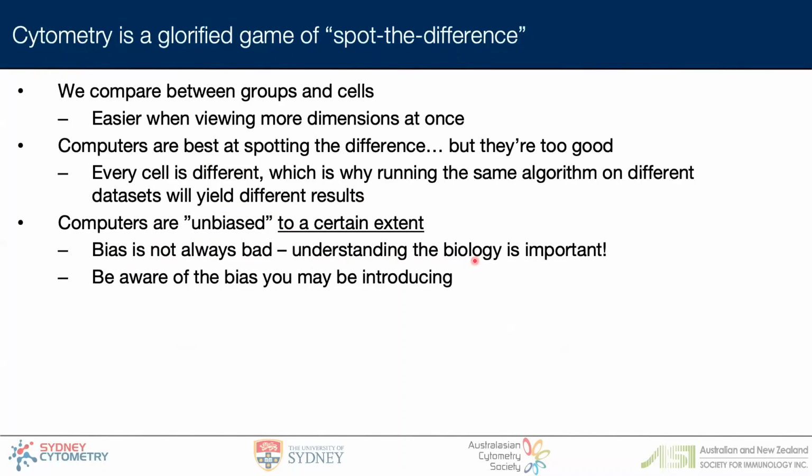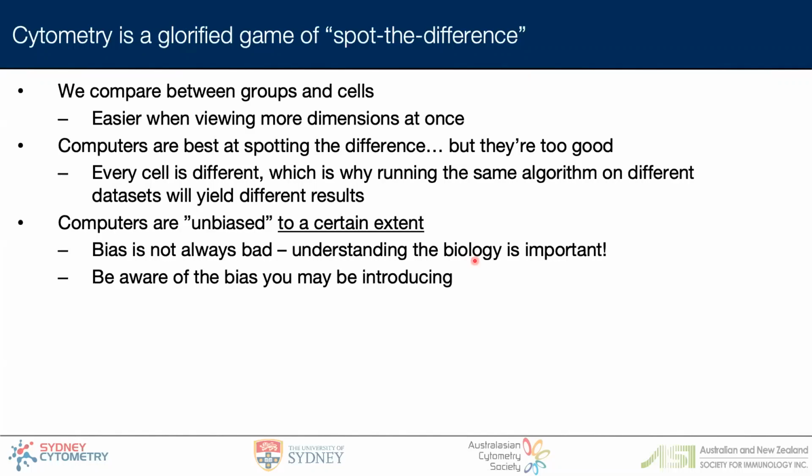In the majority of cases, we're only looking at live cells, we're ignoring the dead cells. That itself is introducing bias to the system. We are actively choosing to only run the live cells through these computational algorithms. But this, to me, is a case where that is an acceptable introduction of bias.